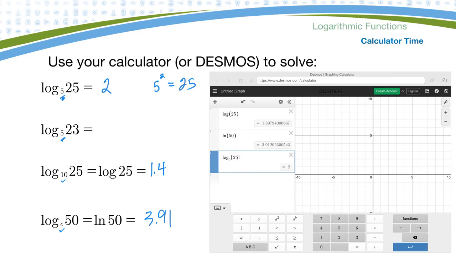Now the next question is log base 5 of 23. Let me backspace and just put a 3 in there. Log base 5 of 23. It's got to be just a little bit less than 2. And sure enough, 1.95, call it. Okay, so you should be able to use your calculator to solve for logarithmic expressions or equations like these.